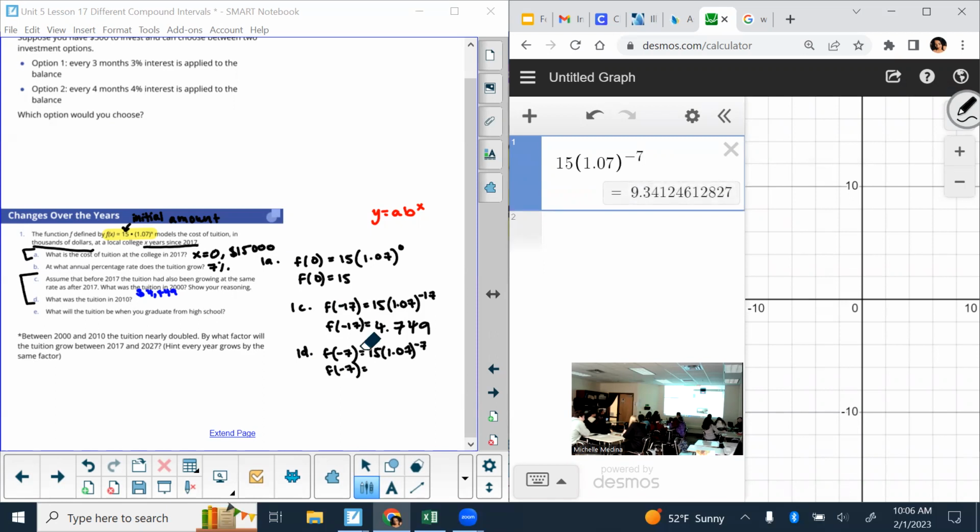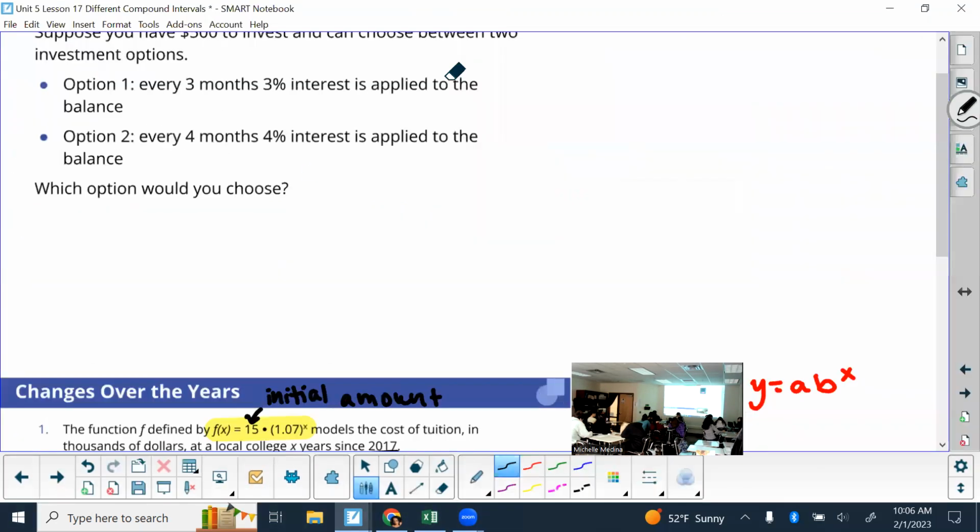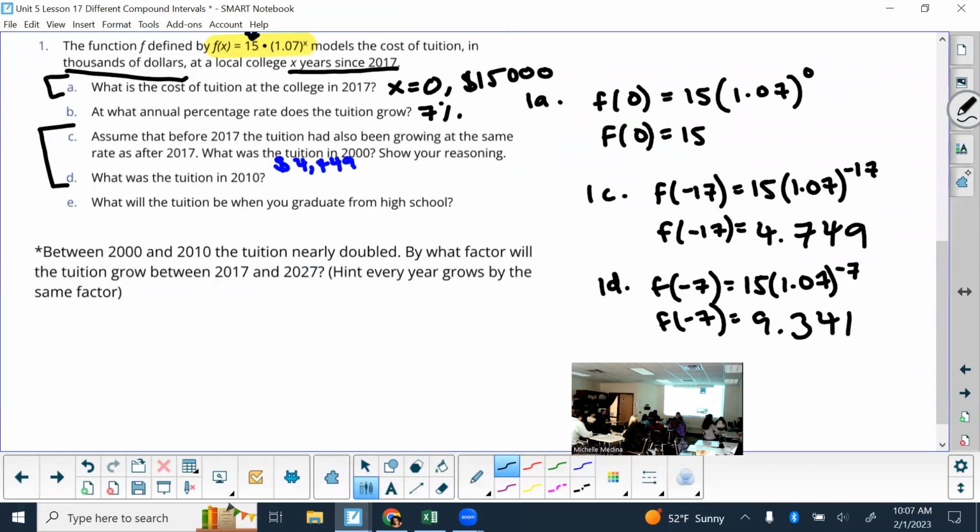I would probably leave a few more decimal spots just because that may or may not affect our final answer. Usually on your test, it tells you what to round to if it's specific about anything. Sometimes it's to the nearest dollar. So then if this is in thousands of dollars, the cost of tuition in 2010 was $9,341. And then there's probably some cents we could have added on, but it's fine. We'll leave it at that.